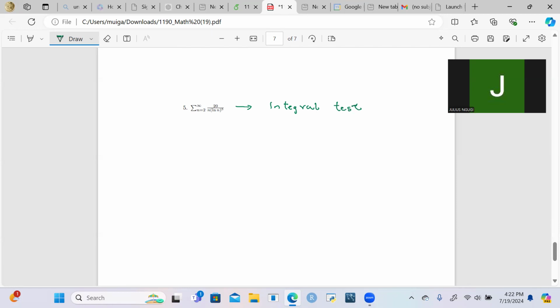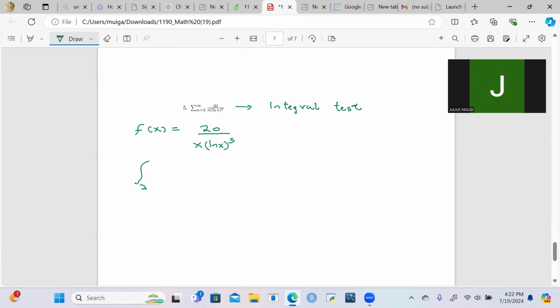And we know that this function is continuous, it's positive, and it's decreasing. We can check. So then we call this function f of x equals 20 divided by x, ln of x to the power of 5. And then we integrate because it's decreasing, continuous, and positive.